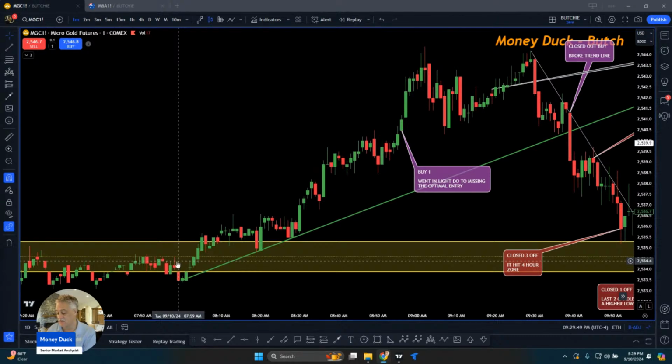areas as zones. The reason why we mark them as zones is because then as we're trading on a lower time frame, it's kind of hard to miss when a zone pops up. And you know exactly what it's from. You know that the zone is from a 4-hour time frame. The reason why we want to be aware of that is because if you have a huge swing down, you'll see my yellow zone right here.